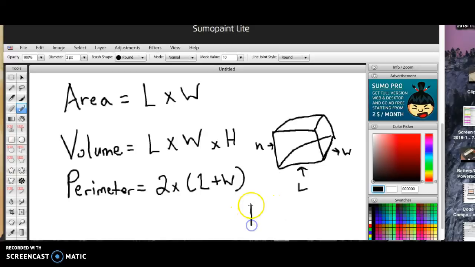That's for any 3D rectangle that I draw. So ask yourself, where's the height, where's the width, and where's the length? The height is how tall it is, the width is how wide it is, and the length is how long it is. So that's for area, perimeter, and volume.